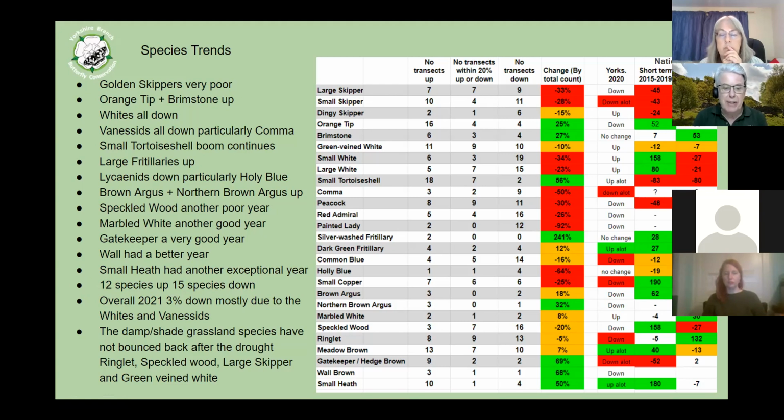Our damp shade lovers have not really bounced back yet, but I think next year they probably will. And what will help them bounce back is that November of this year was quite dry, so we're expecting that mortality over the winter will actually be quite good.